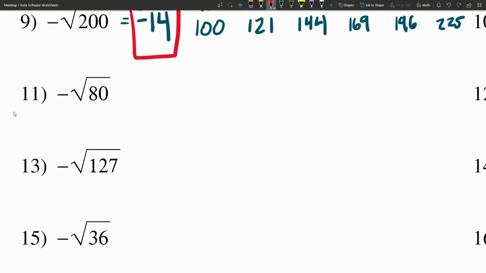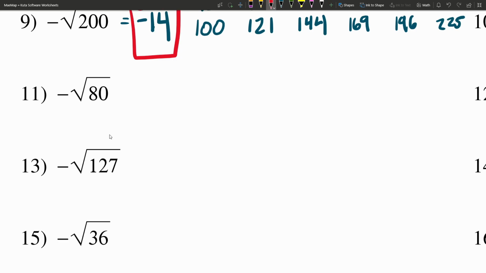Moving right along to number 11, again, we have that negative out in front, so we know ultimately that our answer is going to be negative. We just have to figure out what the square root of 80 is. So thinking about our squares, we know that 8 times 8 was 64, which is close to 80 but not quite there. So the next square up would be 9 times 9.